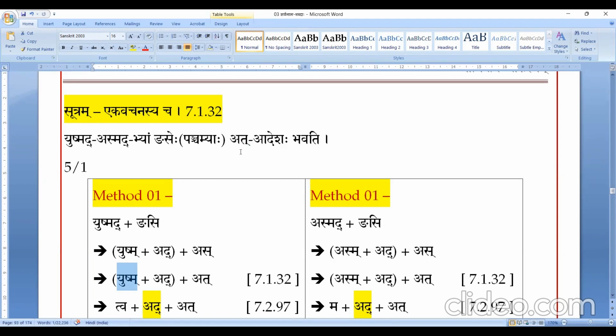By 7297. 7297 says Tva Ma Tvamau Ekavachane. By that, Yushmad Shabdasya Ma Paryantasya Stane Tva Adesha, similarly, Asmad Shabdasya Ma Paryantasya Stane Ma Adesha. Tvamau Ekavachane, you need to remember. So 7297.